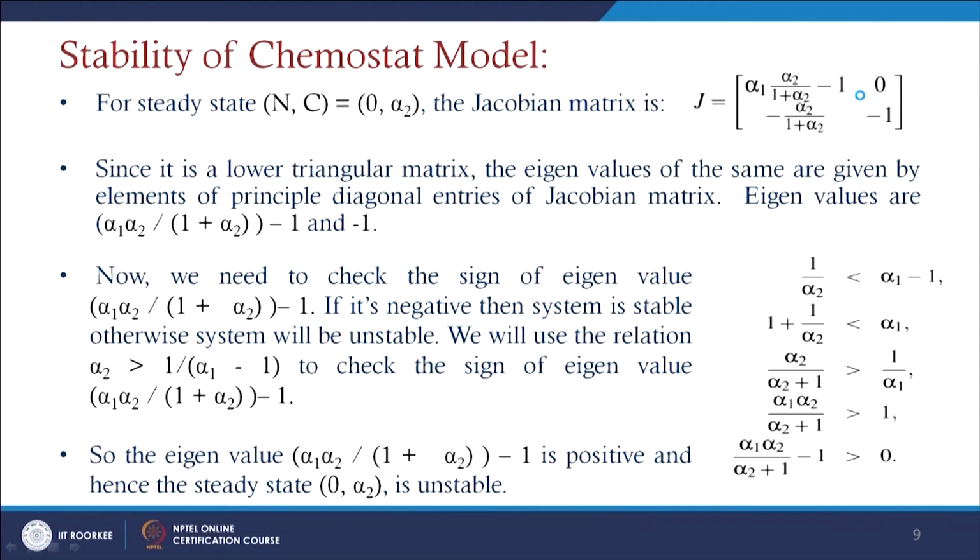And if you see, this is nothing but a lower triangular matrix, and the eigenvalues of this lower triangular matrix are nothing but the elements present in the principal diagonal entries of this Jacobian matrix. So, the eigenvalues we can write directly as alpha 1 alpha 2 by 1 plus alpha 2 minus 1, and minus 1, since these are the principal diagonal entries.